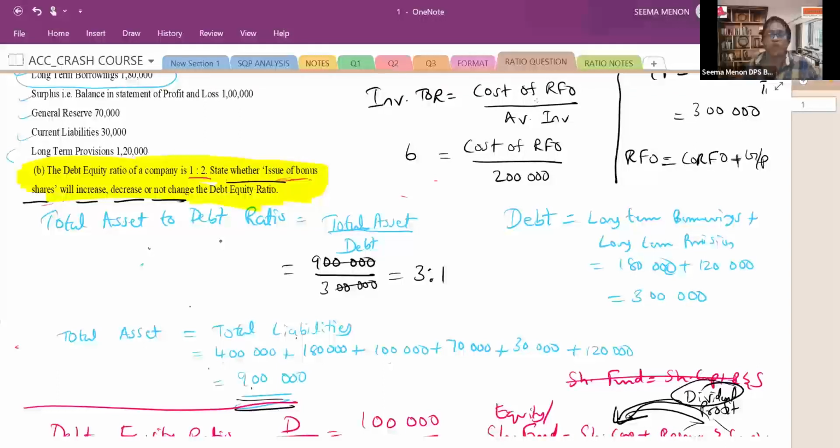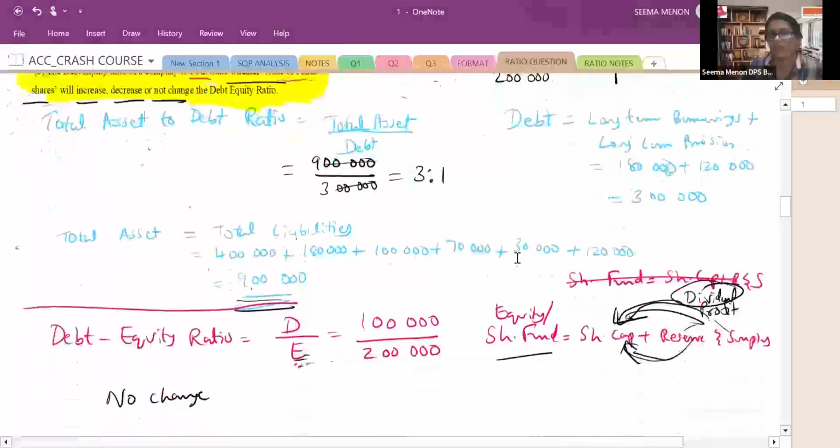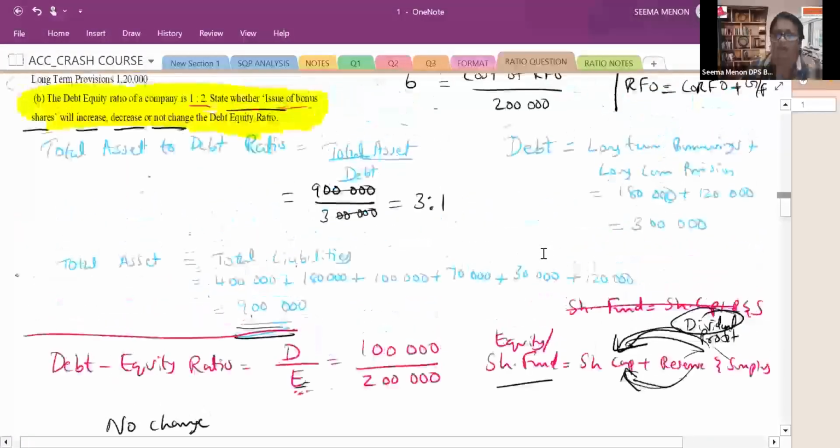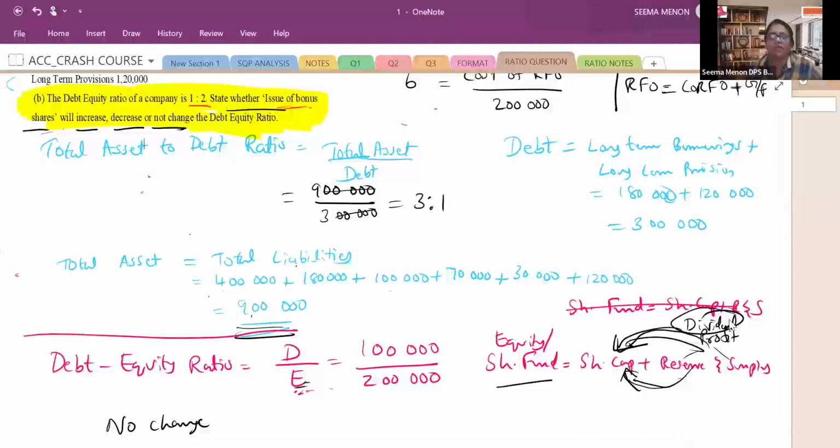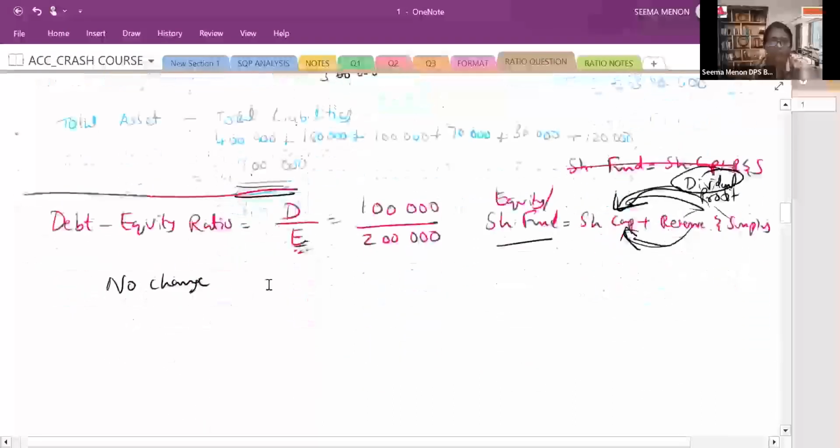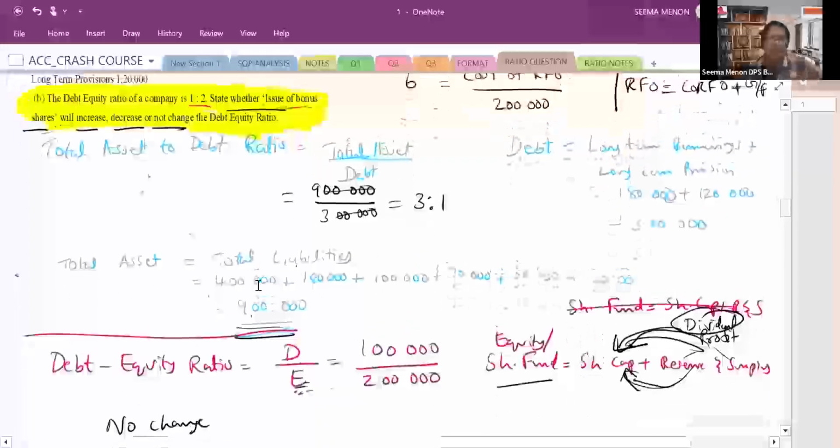Answer is no change. I hope the reason is also clear to you. Instead of distributing dividend in the form of cash, they are distributing bonus shares. So bonus shares mean it will be added to the share capital and subtracted from the reserves and surplus, equal to the dividend amount.